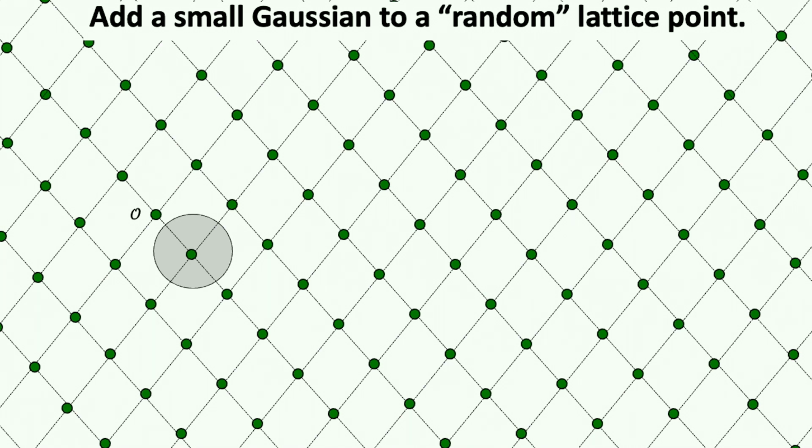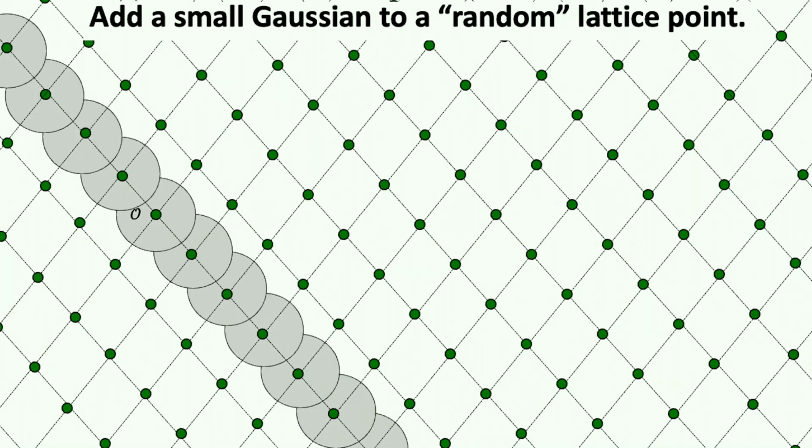If you don't nitpick on what a randomly chosen lattice point actually means, here's what it looks like when I take one point and add a Gaussian.